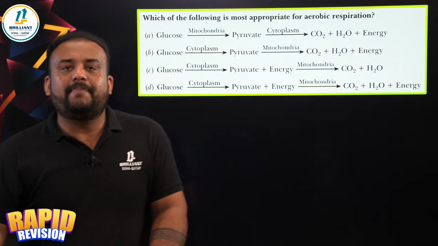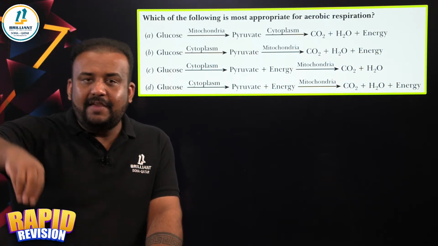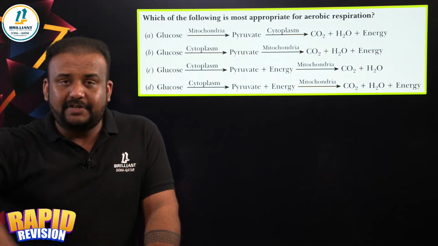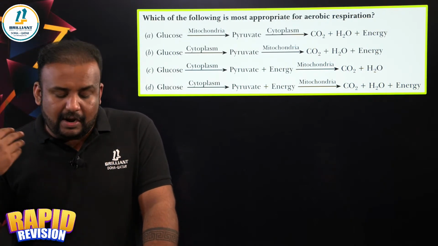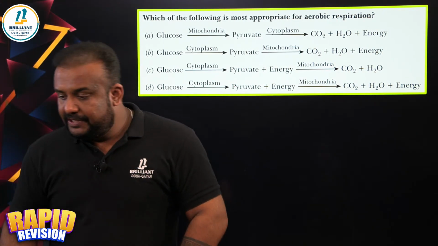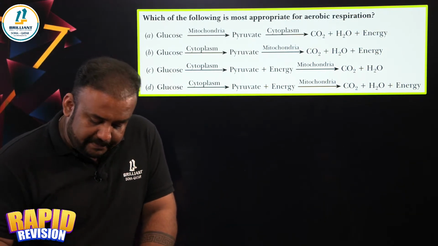In the glycolytic pathway, glucose breaks down into pyruvate and energy. Then if oxygen is available, pyruvate is taken into mitochondria, where it is broken down into carbon dioxide, water and energy. So which one represents it correctly? Yeah, very good. Option D.